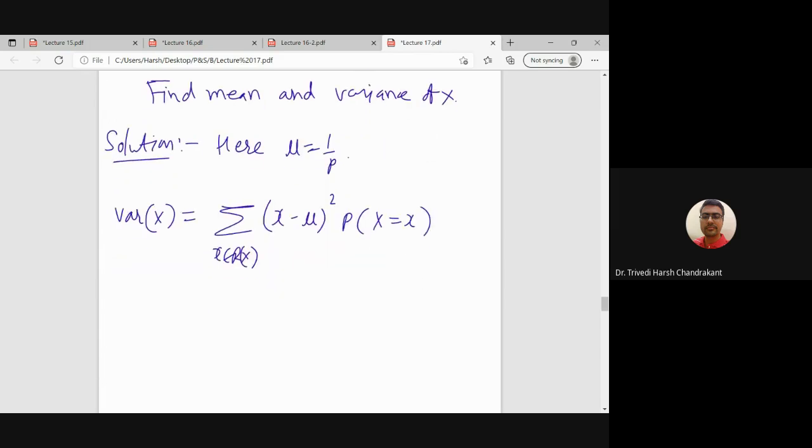This is our formula of the variance. If we substitute the geometric random variable, the range is 1 to infinity, k minus mu is k minus 1 upon p, so squared, and probability of X equals k is p into (1 minus p) power k minus 1. That is our geometric random variable probability mass function.